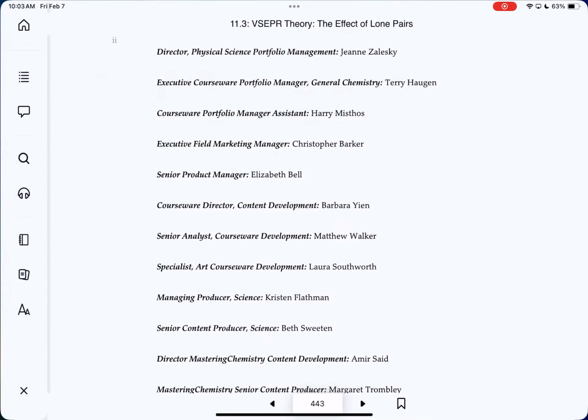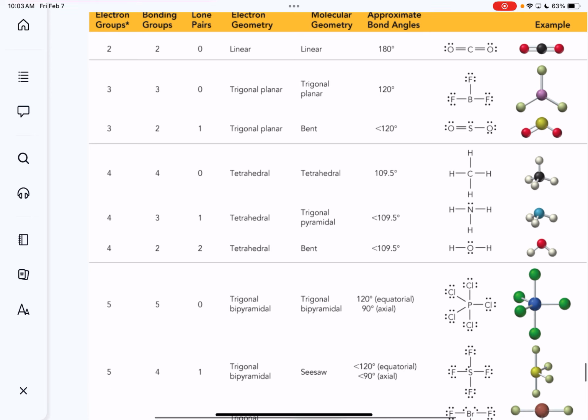So I do not want you to just straight up try to memorize this chart without any context. It's virtually impossible to do something like that and actually get it right every time, okay? So what I want you to do is practice through the simulation.